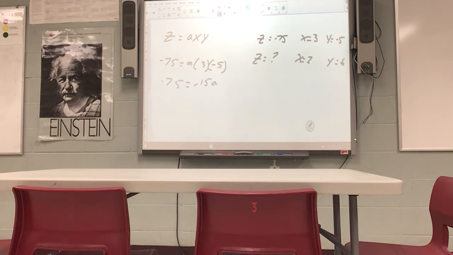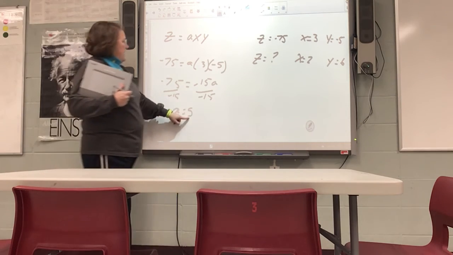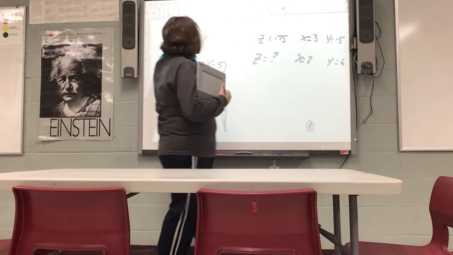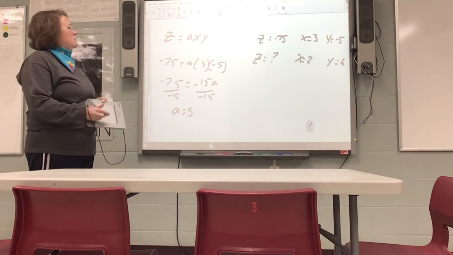So then to finish that off, to solve for a, you're just dividing, and we know negative divided by negative is going to give us a positive. And 75 divided by 15 gives us an a of 5. Okay? So now we can take that a, 5, plug it in here, and then plug in that x and y and be able to solve this for z, which is what we're looking for.